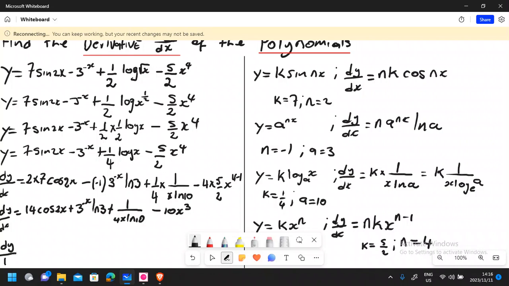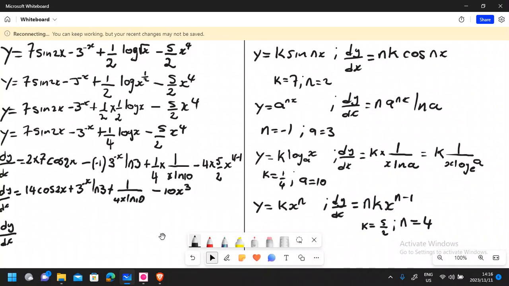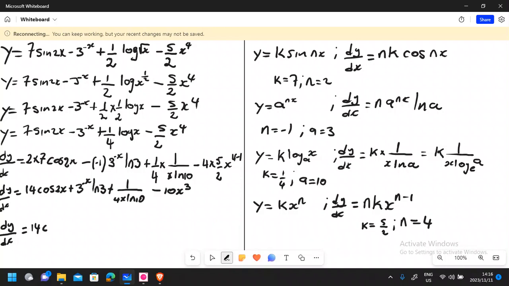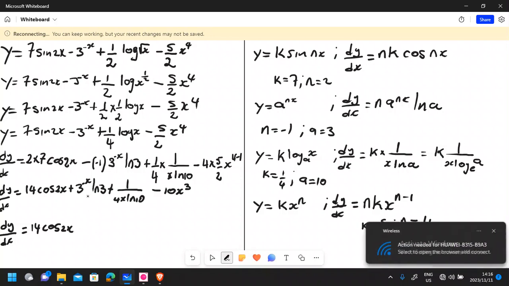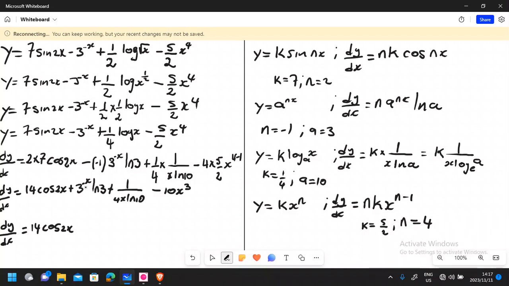Dy over dx. Let me just open space for us here so that we can see. Okay, dy over dx. So let's see, we still have 14. This one is good. 14 cos 2x, right? But let's look at our 3 there. We have 3 to the power of negative x, so we have to get rid of that negative.